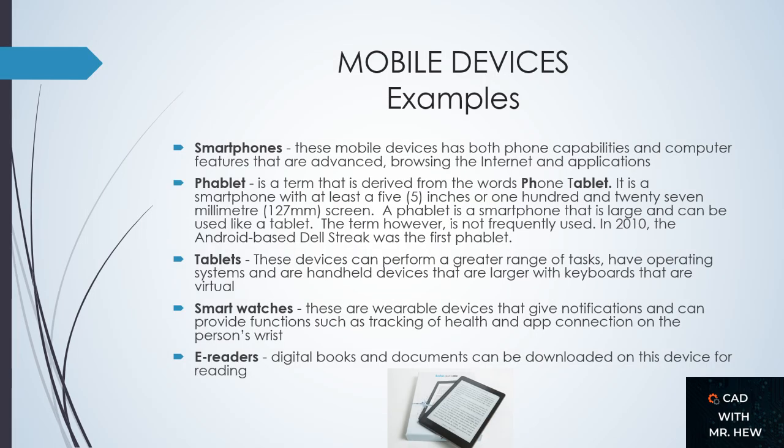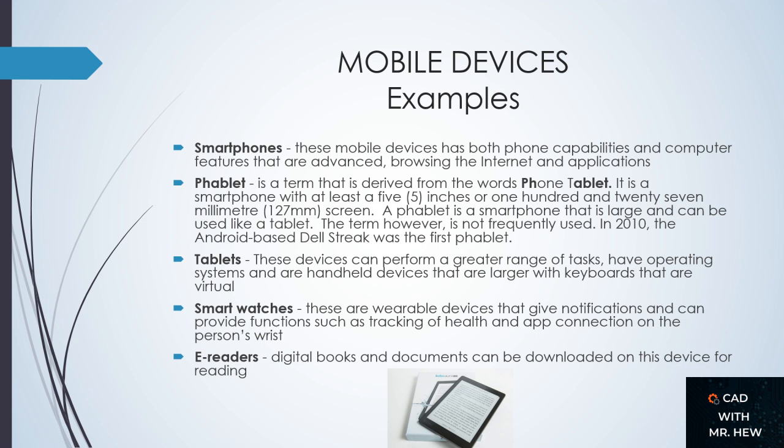Then we have tablets. These devices can perform a great range of tasks, having operating systems, and are handheld devices that are larger with virtual keyboards. So what we're saying is, comparing the tablets to the smartphone, the screens are larger and you also have a virtual keyboard on the tablet.